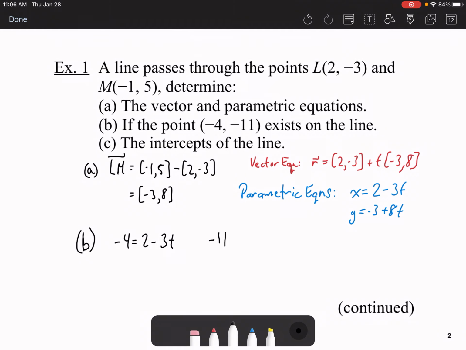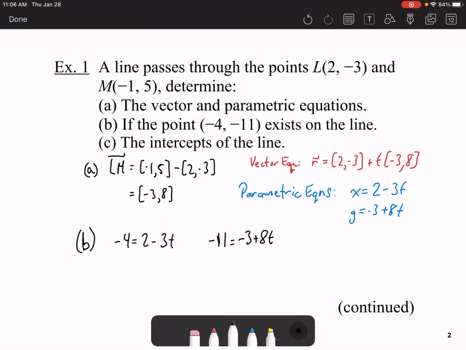And that also means -11 is my y value in this parametric equation as well. Now, in order for this to be true, that scalar multiple t has to be the same. So I'm going to solve this equation. I'm going to rearrange the 3t to this side.